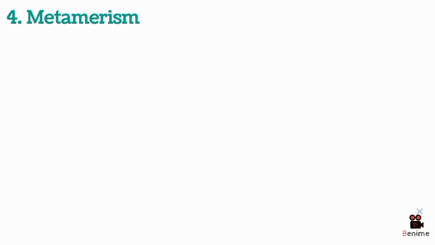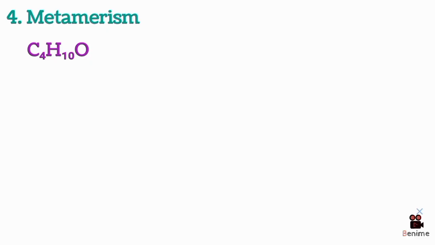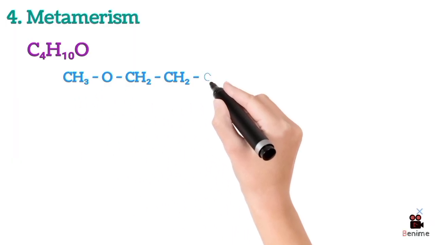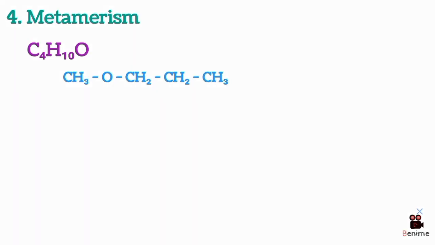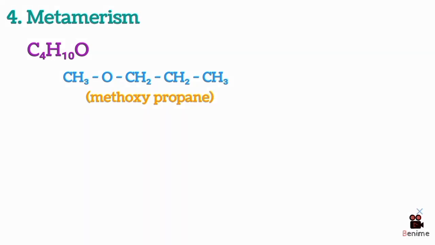Metamerism. Students, take the molecular formula C4H10O. First build an ether. CH3-O-CH2CH2CH3. Students observe carefully. On the left side of oxygen there is a 1-carbon group. On the right side there is a 3-carbon group. This compound is called methoxypropane.